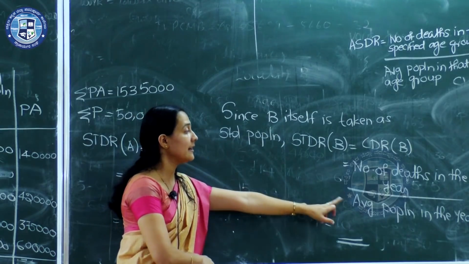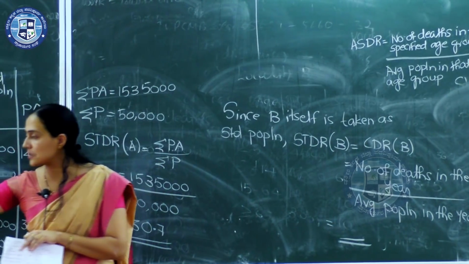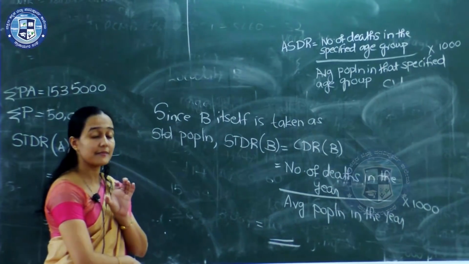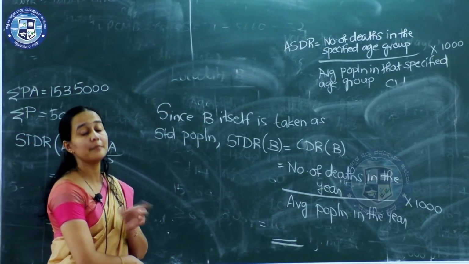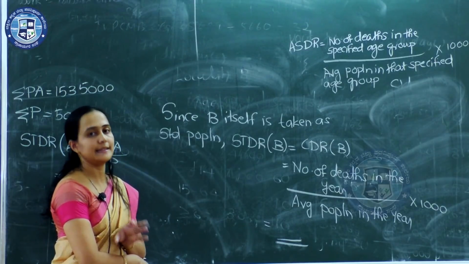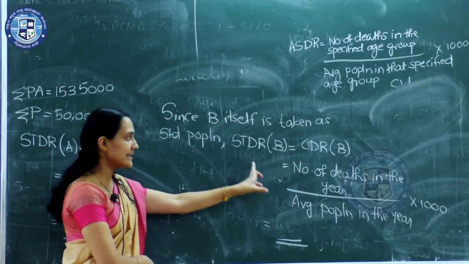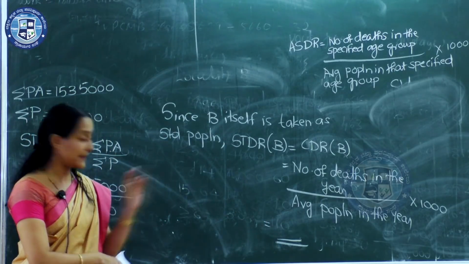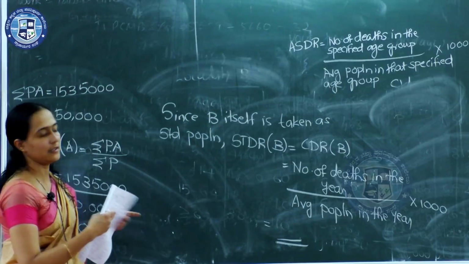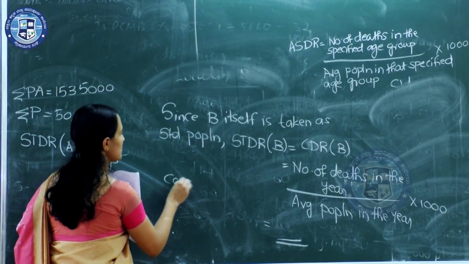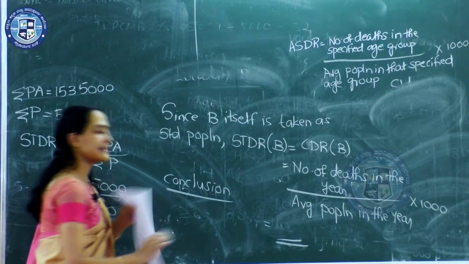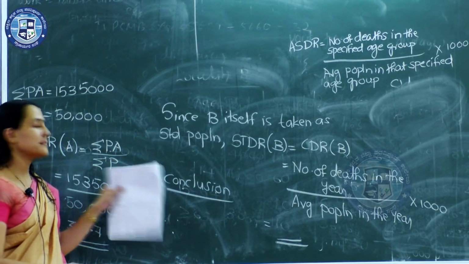Number of deaths, this total divided by this total into 1,000. Which STDR is less, that population is more healthier. You have to write the conclusion also.